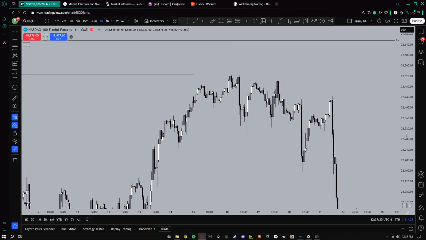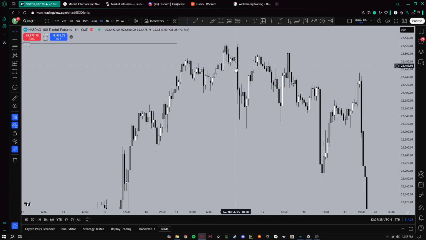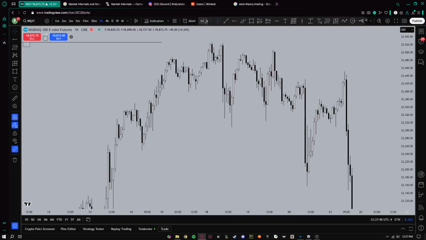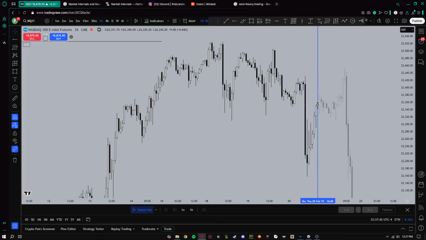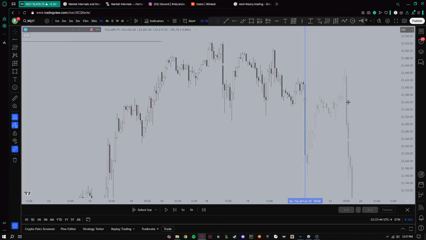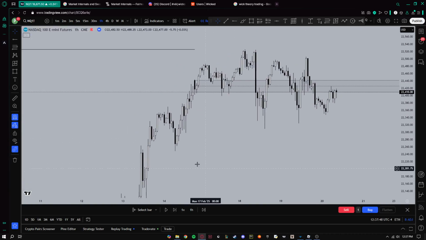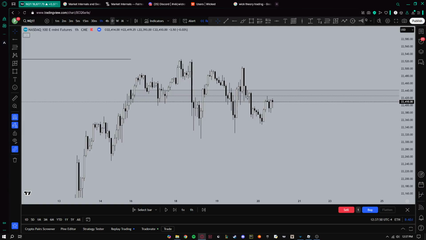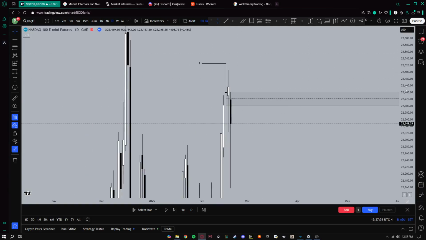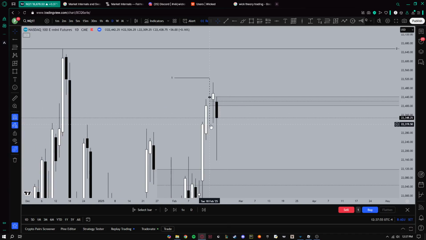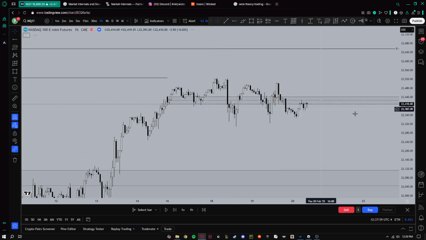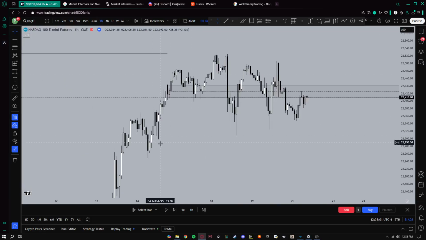Okay, so essentially, let's do a replay. Essentially, we have a move up, correct? And you guys remember how I look at daily bias. So let's go back on the hourly, and we have this move up.